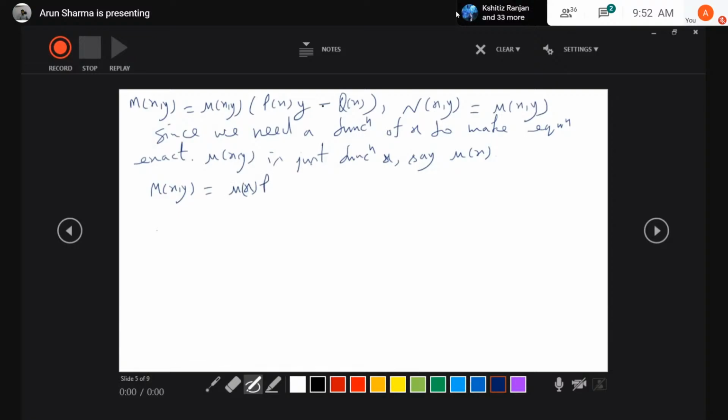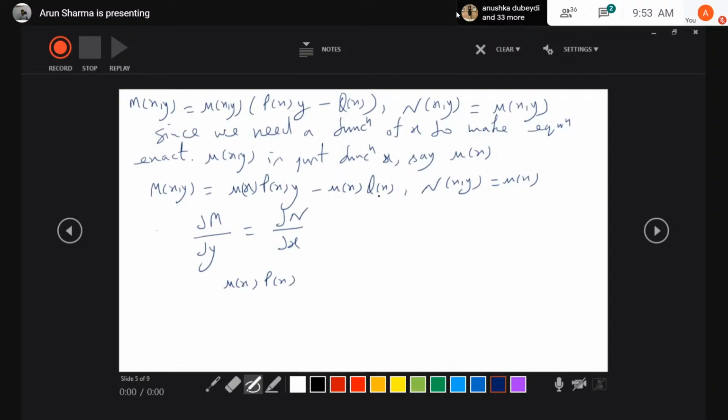Okay. So that means now I can write mxy equals mu x. So let me multiply this mu x inside. So mu x px into y minus mu x qx, and nxy is just mu x. And to make it exact, that means del m upon del y equals del n upon del x. So del m upon del y is mu x px, and the derivative of the other term is 0.